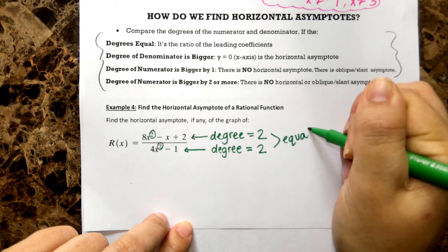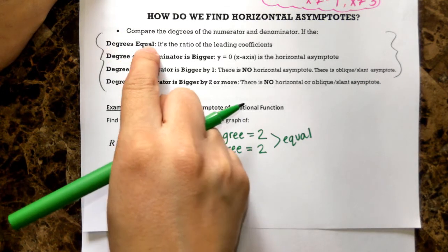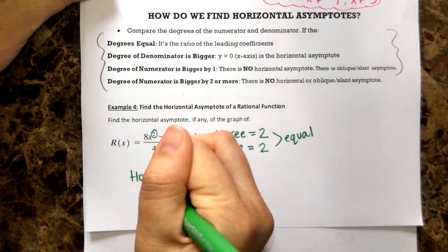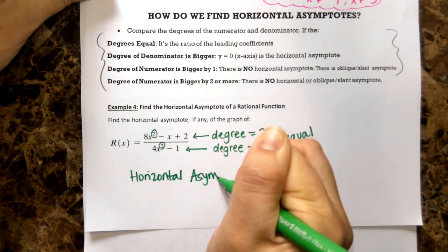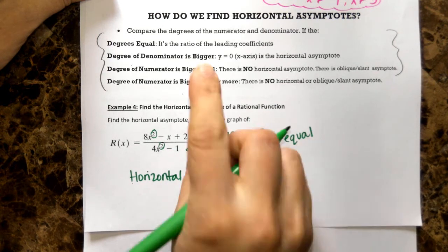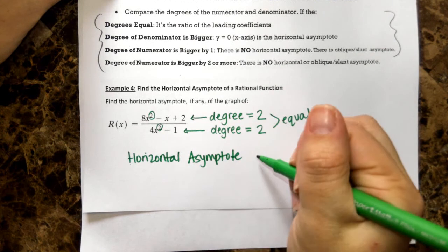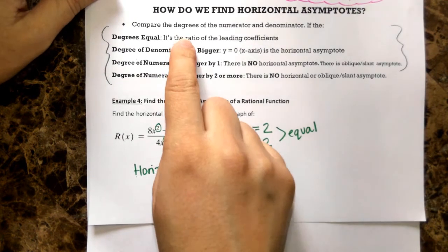They are both 2. So according to my reference chart, if the degrees are equal, that's this first case, then the horizontal asymptote will simply be the ratio of the leading coefficients. Remember, horizontal lines are always y equals the ratio of the leading coefficients.